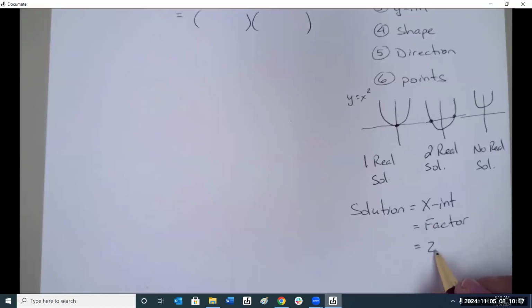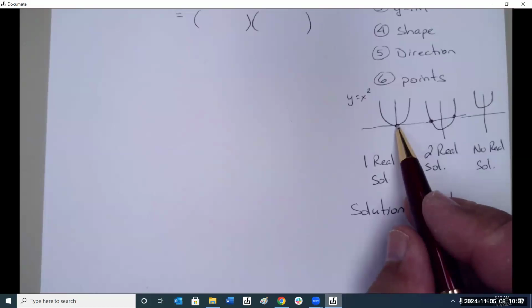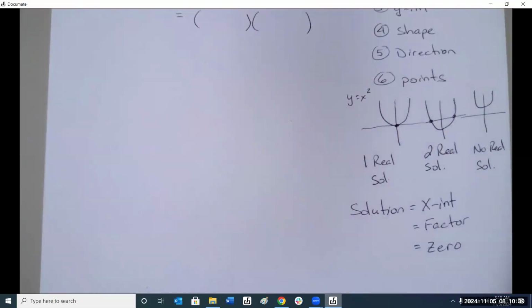It's also the same thing as we call a zero. All of these find the same location, the same point, the same number. And this is pretty important also. We'll talk about that in a second.